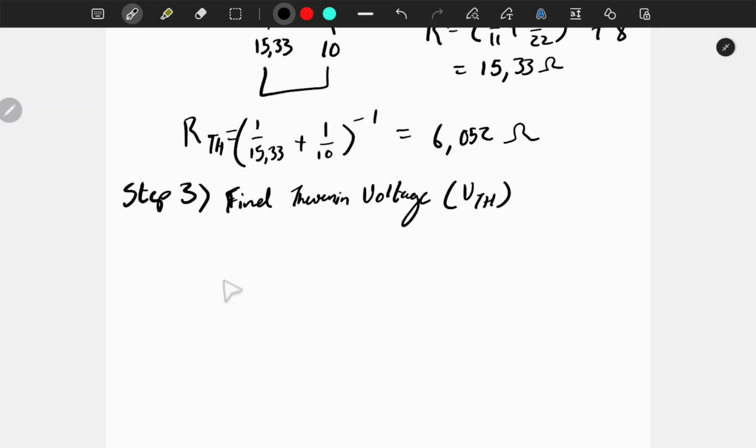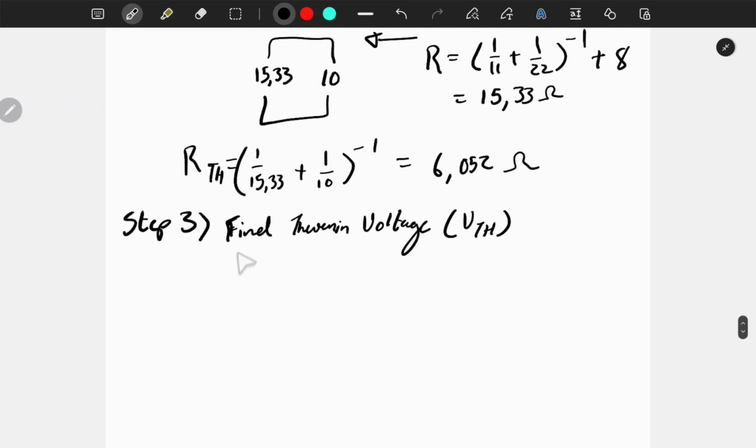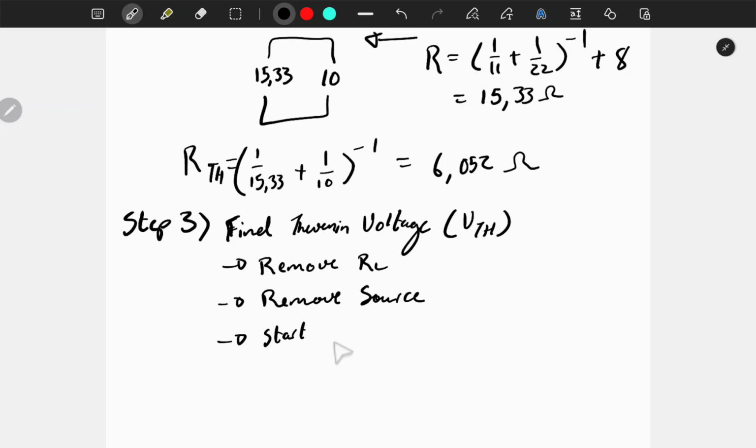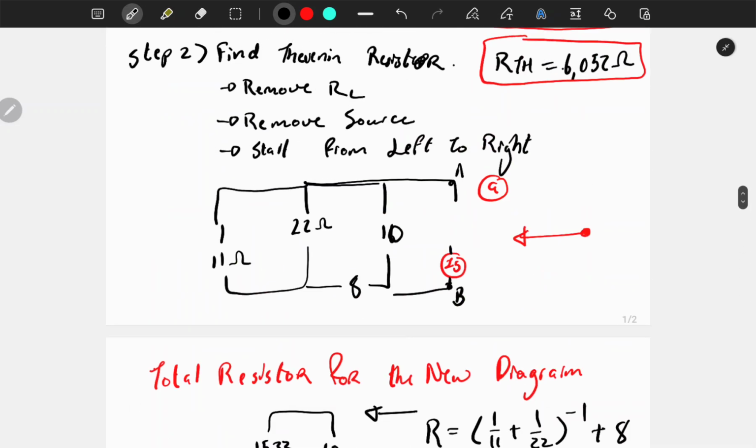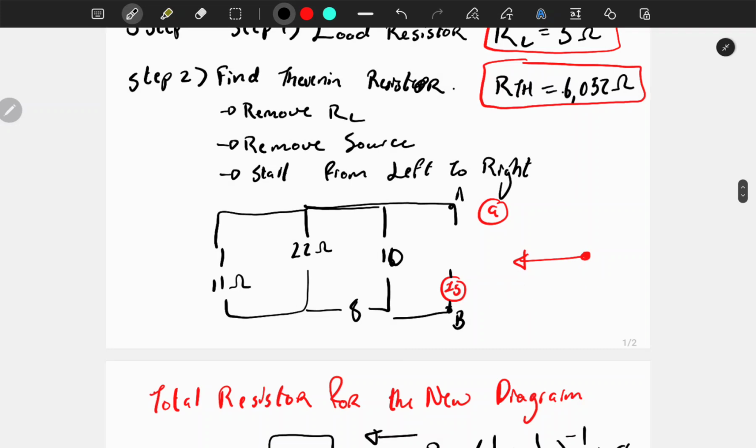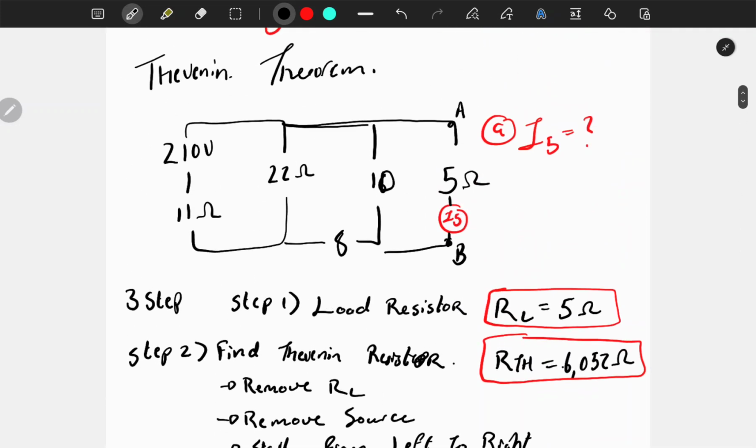And then the steps are, you're going to remove the load resistor, you are going to remove the source, and then you're going to start from right to the left. So over here we started from the left to the right, and now we're going to start from the right to the left.